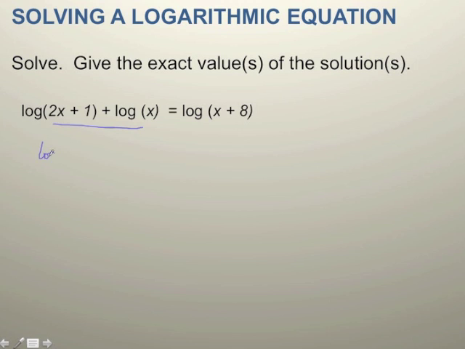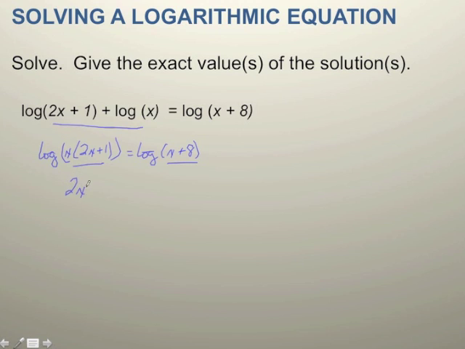So this will be the log of x times 2x plus 1 equals the log of x plus 8. Well, I've got 1 log base 10 equaling log base 10, so that means these parts must be equal.